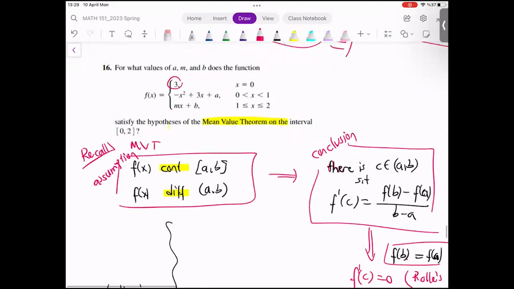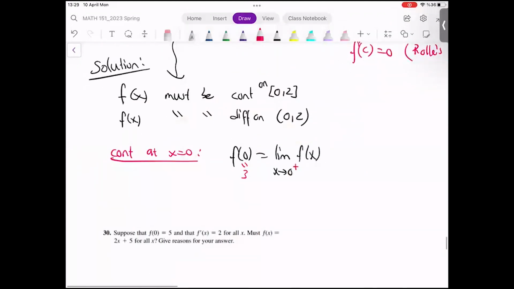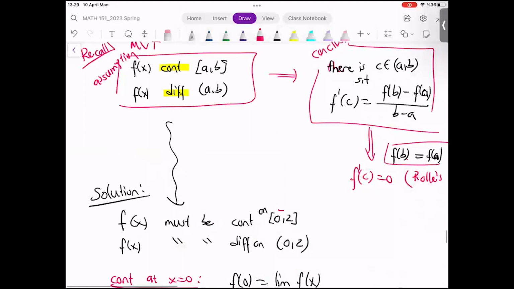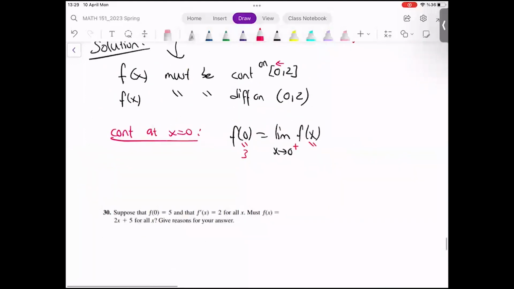Now, I need to approach 0 from the right, from the interval, so I need to use this expression for the function: minus x squared plus 3x plus a. So just compute the limit. Just insert x equals 0. What do you obtain? You will just obtain a. So you see, we directly solve a equals 3 if you use continuity at 0.